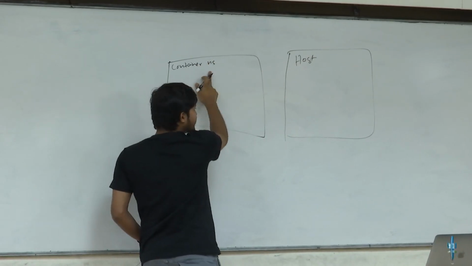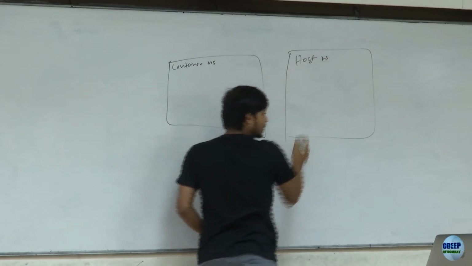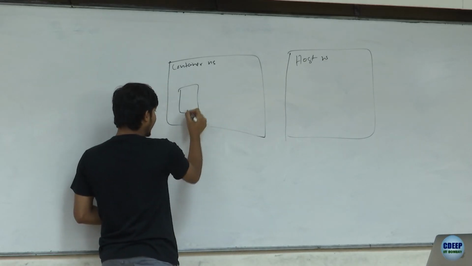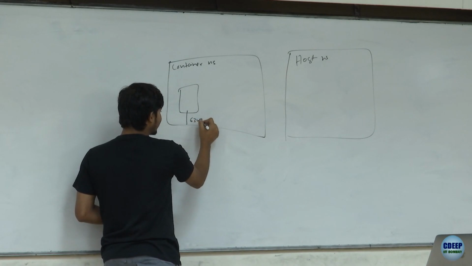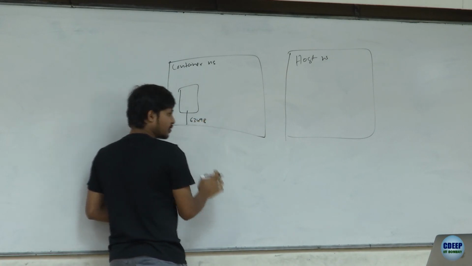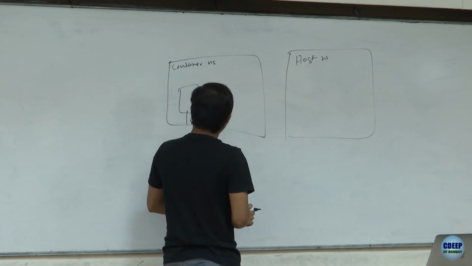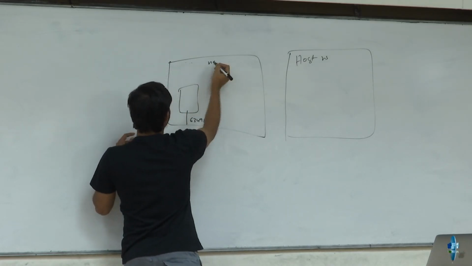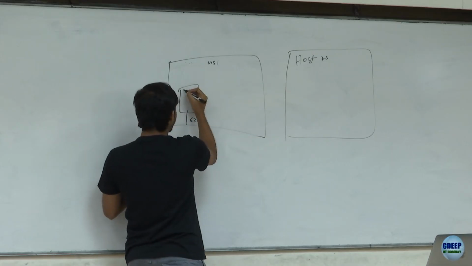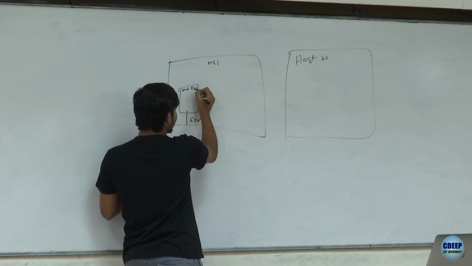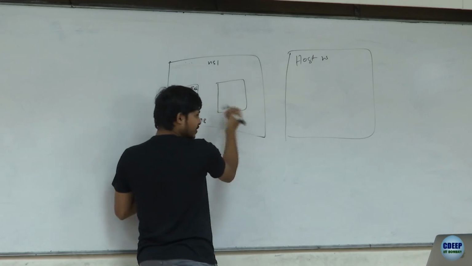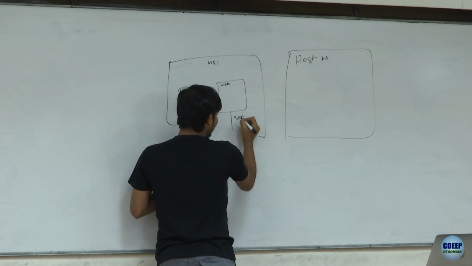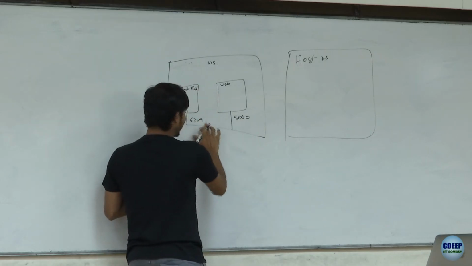So this is the container namespace, this is the host namespace, and there is a Redis application running here at 6379 or something. This is the port number within the container. Let us consider this namespace NS1, this is the Redis container, and there is another container, the web container, with port number 5000.